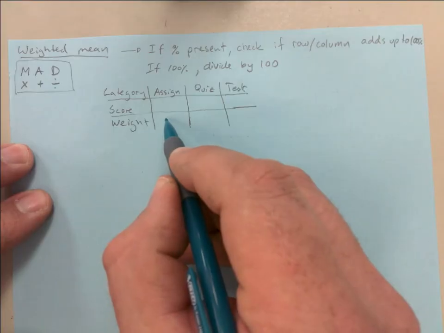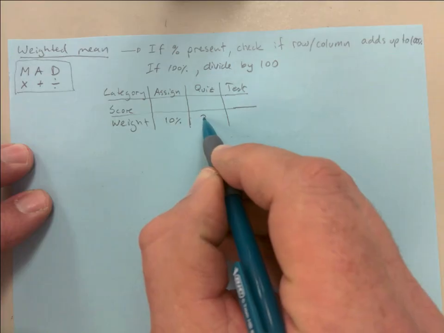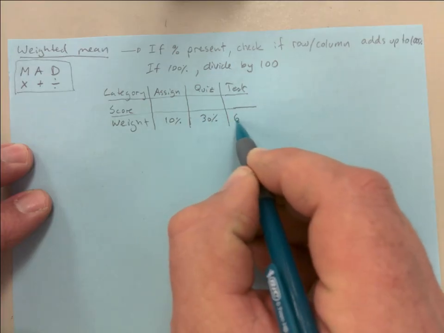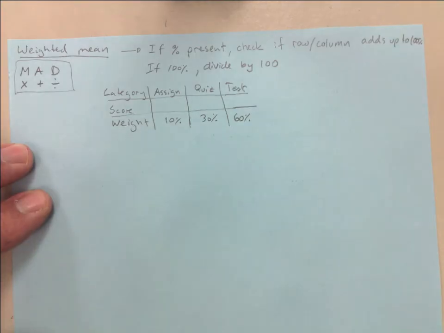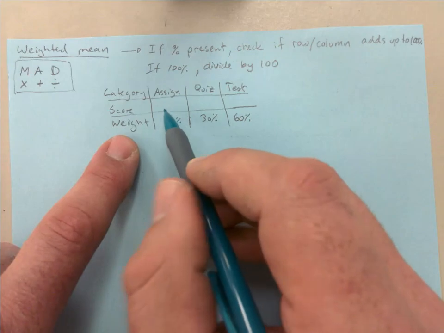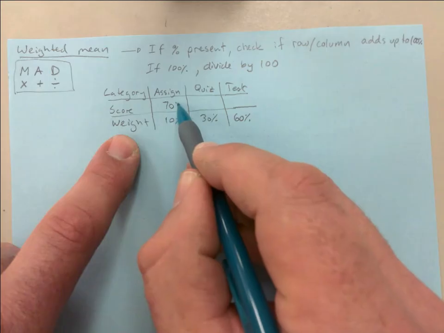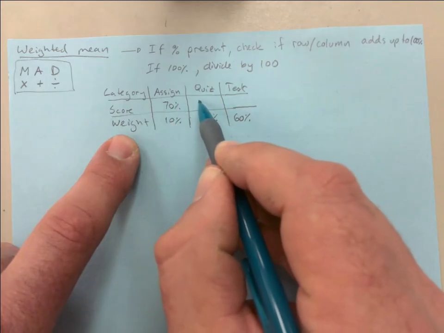So let's say assignments are worth 10%, quizzes are worth 30%, and all the tests combined are worth 60. And if you combine all of your assignments, let's say you scored 70% on it. On the quizzes, let's say you got 80%.